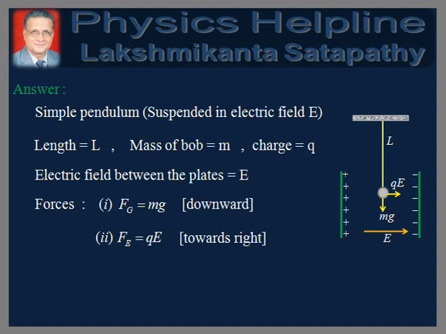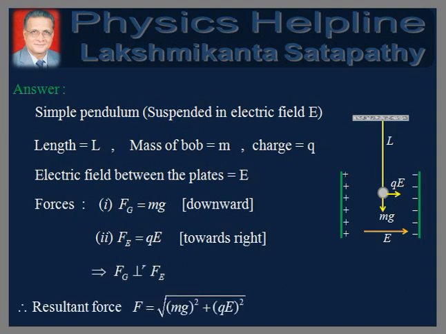The weight of the bob given by Fg = mg, which acts in the downward direction, and the force due to the electric field E is given by Fe = qE, which acts towards right. Therefore, the two forces Fg and Fe are mutually perpendicular.